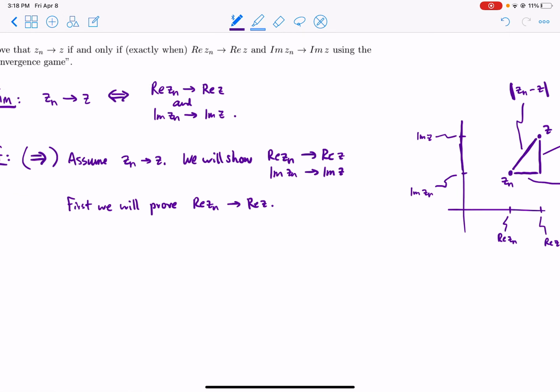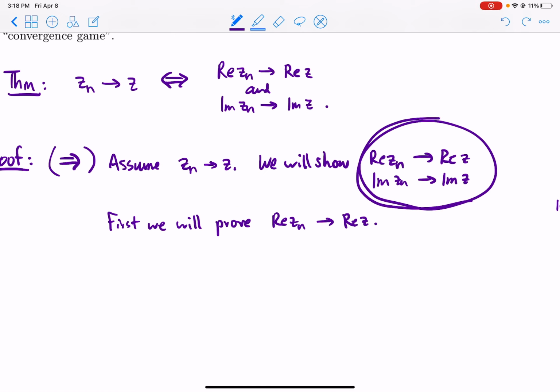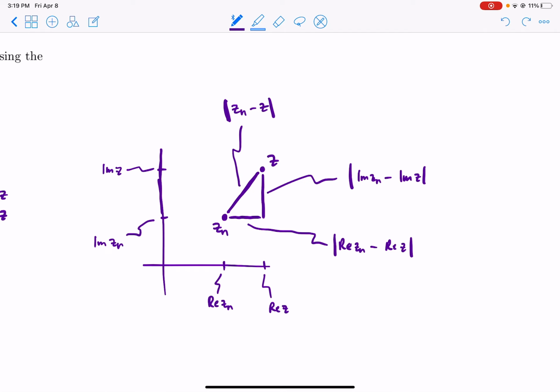And for this first part, we're assuming that we know Zn converges to Z, and we need to prove that these converge. In other words, let's take the real parts first. We need to show that this is going to be controlled by this, which we assume.